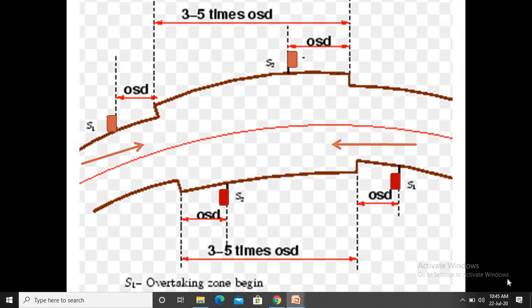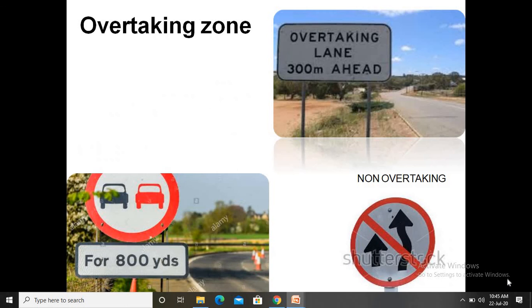We can say clearly: overtaking zone starting, overtaking ending, and 3 to 5 times the OSD. And like this, overtaking lane 300 meters ahead, and non-overtaking for 800 meters. At the overtaking zone we need to put some information boards along the road.